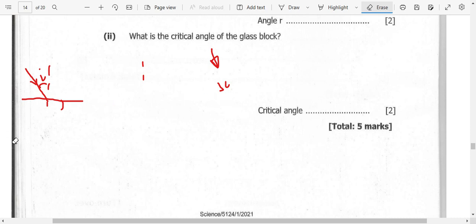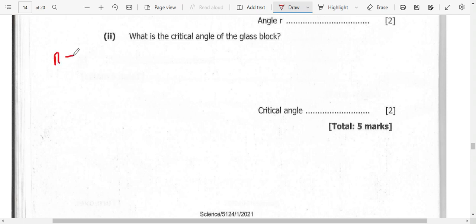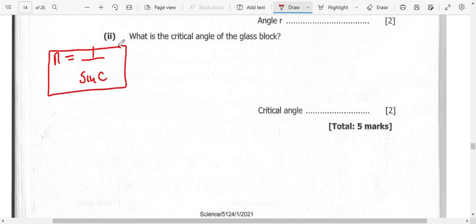Now the question is, how do you find this critical angle? So this will now give you n, which is the refractive index. It is now going to be equal to 1 divided by sine of c. This is the equation that you use to calculate the critical angle.